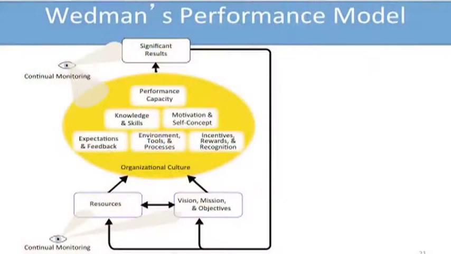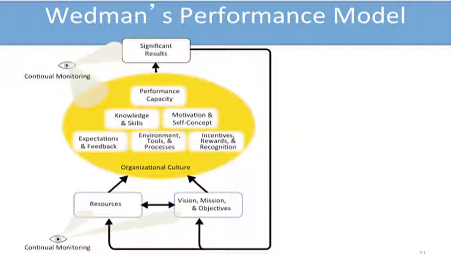Professor John Wedman at the University of Missouri came up with what he calls the performance pyramid model, and this provides us with an excellent tool for understanding how results actually get accomplished within our organizations. As you'll see in the model, at the top he has significant results. This is the closure and needs that we're looking for.